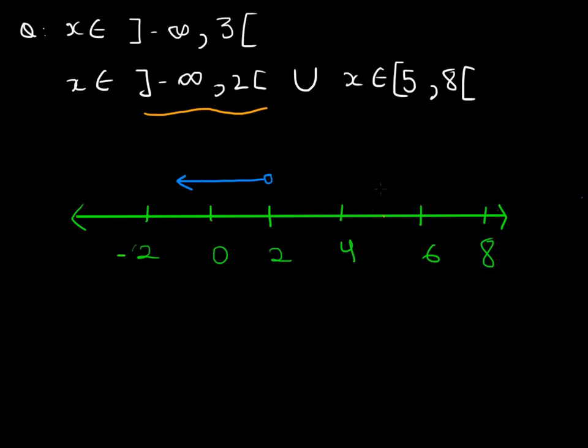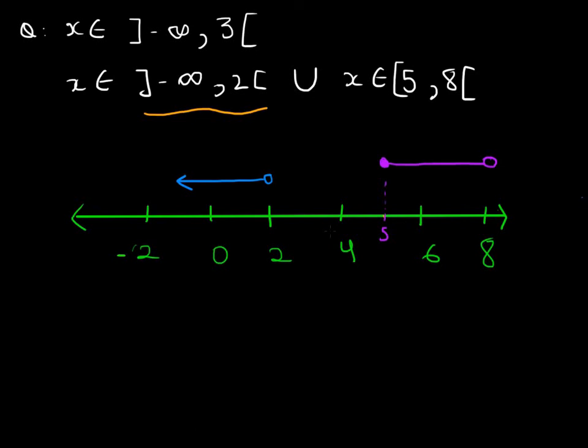So 5 would be somewhere here. And because it is including 5, I will fill this in. And then 8 is here. And 8 will get an empty circle because it is not including 8. And I'll join these two. And there you have it.